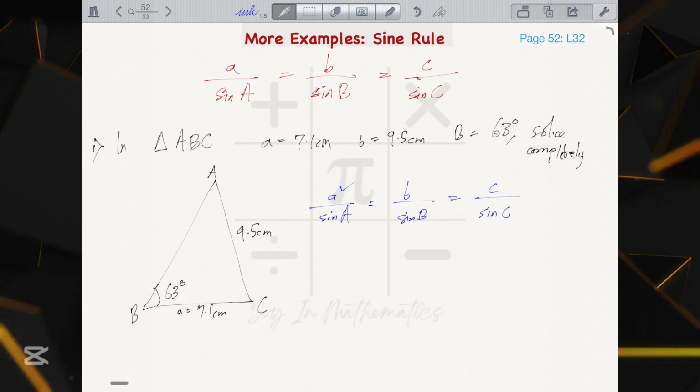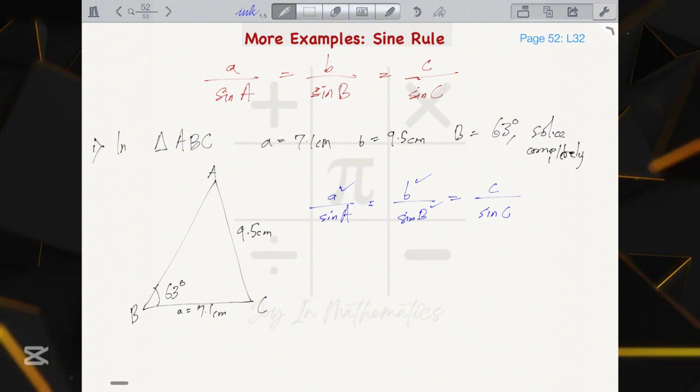We have A to be 7.1 centimeters. We have B to be equal to 9.5 centimeters. And we have angle B to be equal to 63 degrees.